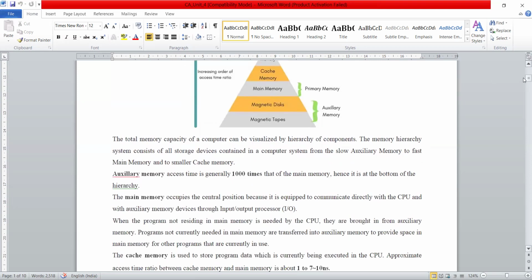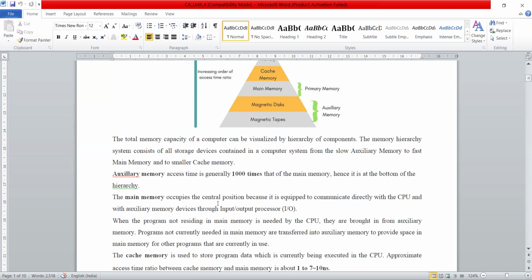The total memory capacity of a computer can be visualized by the memory hierarchy system, which consists of all storage devices contained in a computer system, from slow auxiliary memory to fast main memory and to smaller cache memory. Auxiliary memory access time is generally 1000 times that of main memory, hence it is at the bottom of the hierarchy.